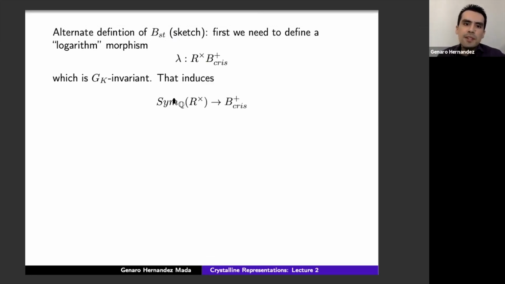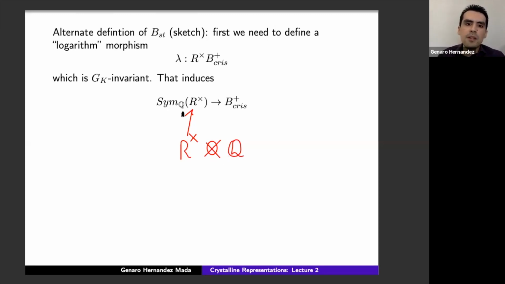And that induces a morphism from this symmetric algebra. Actually here we are taking our tensor product with Q, but we write it like this just for simplicity.